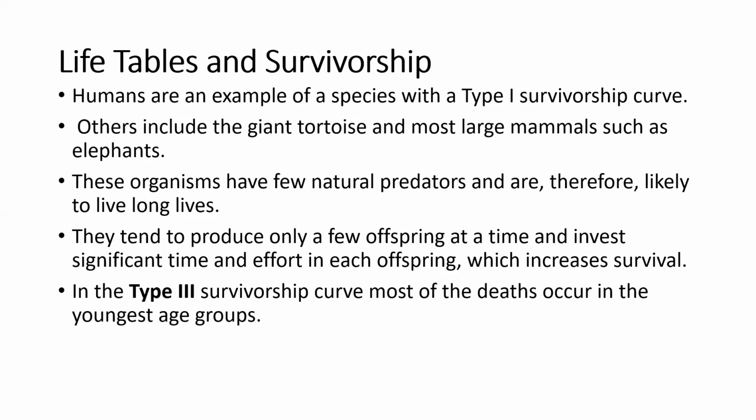So these organisms have fewer natural predators and are therefore likely to live a long life. Elephants are like this. If you're a tiger and you go to attack an elephant, you run. There are some animals tigers don't attack, when I'm watching the wildlife, because they won't survive. They also defend and protect their young ones.